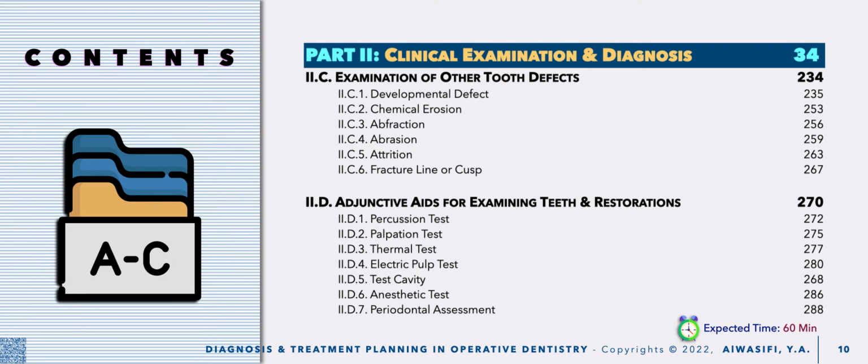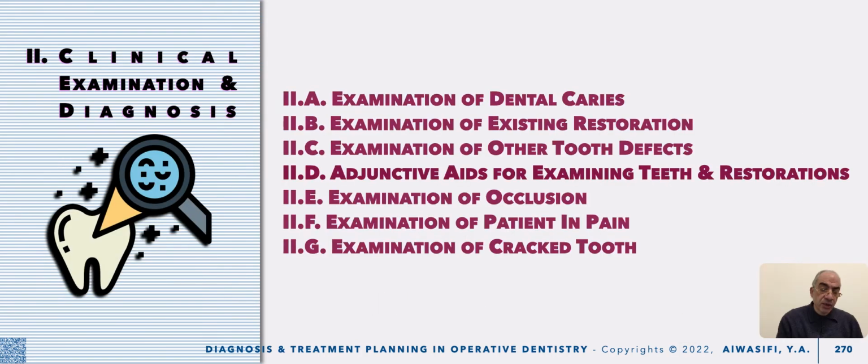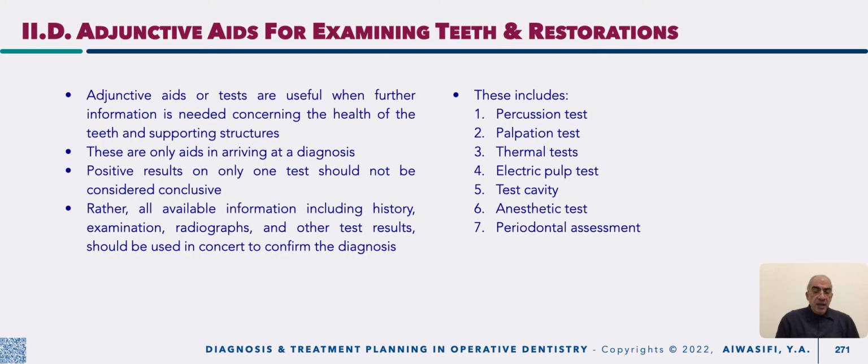In this episode we will discuss all the adjunctive aids that we could use or we are in need for examining teeth and restorations, including percussion test, palpation, thermal test, electric pulp test, test cavity, anesthetic test, and finally periodontal assessment, which is an important type of examination we are in need with all our restorative management.